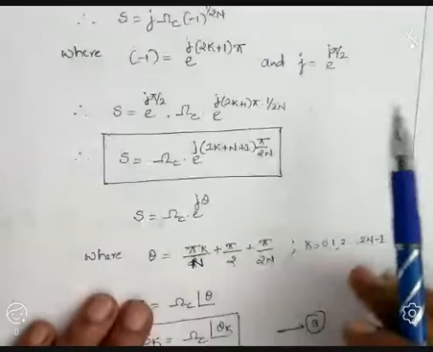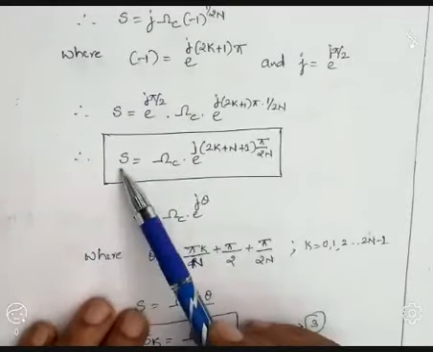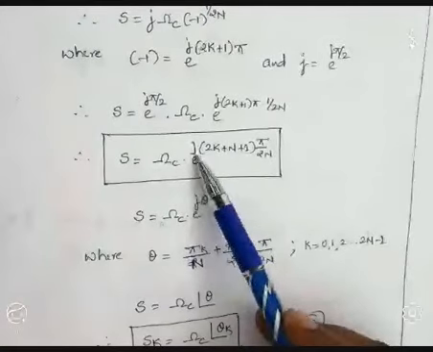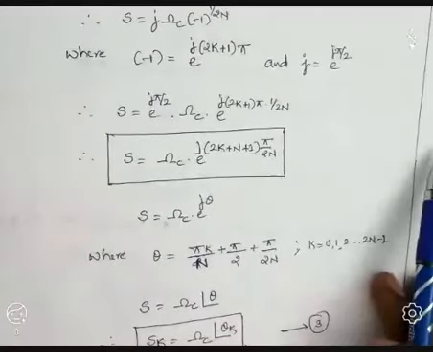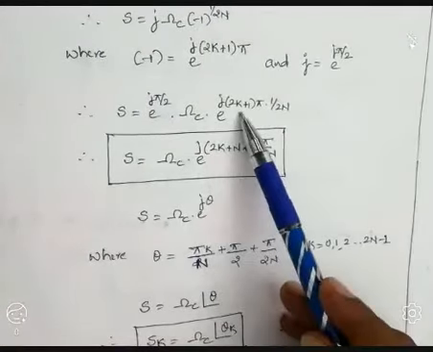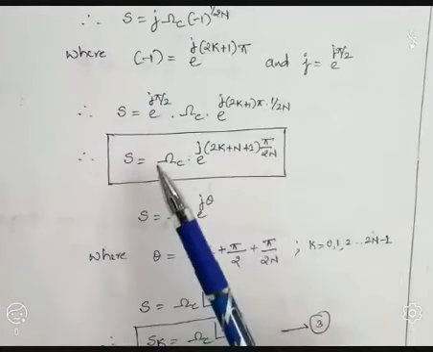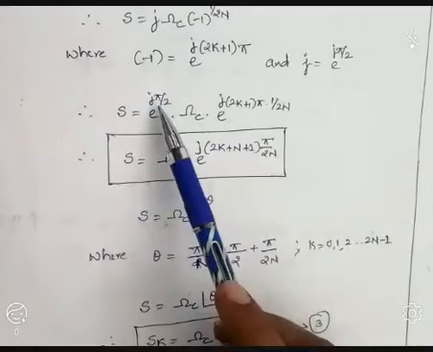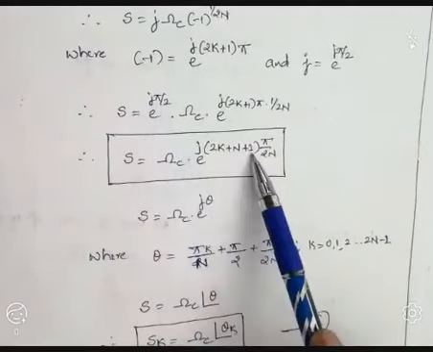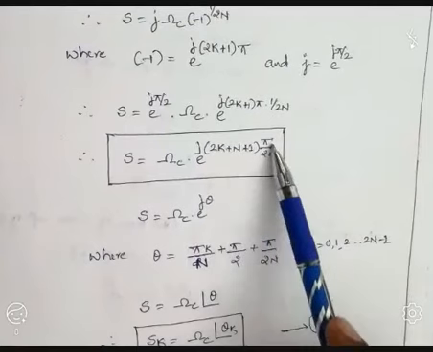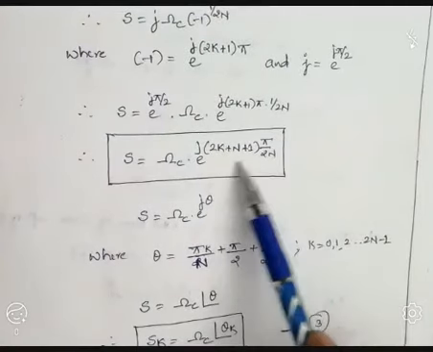Hence, s equal to omega c e to the power j 2k plus 1, and here I will take pi outside and j outside, left with what? 1, multiplied by pi by 2n. Hence, the power term of e, I am going to represent it as theta. So this is theta.